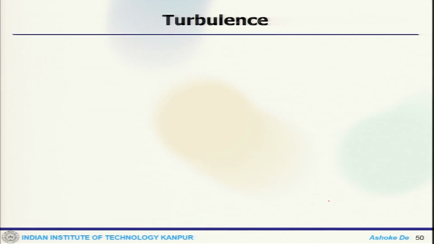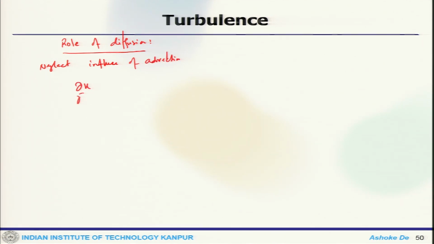Now, we can see the role of diffusion. Essentially, it dampens the velocity gradient. So, we first neglect the influence of advection or convection. My equation was del u by del t plus u del u by del x equals nu del 2 u by del x 2.